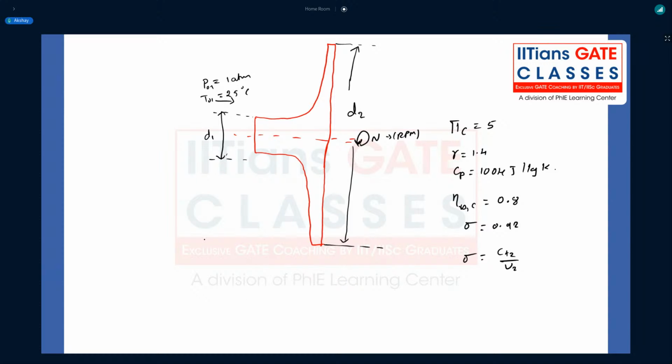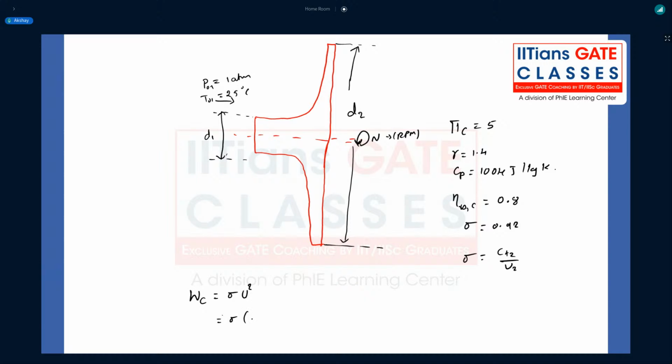If I want to calculate the revolutions per minute, that is related to the blade speed at the impeller tip. So I have a work done by the compressor that can be written in terms of sigma times U squared, that is at the impeller tip.